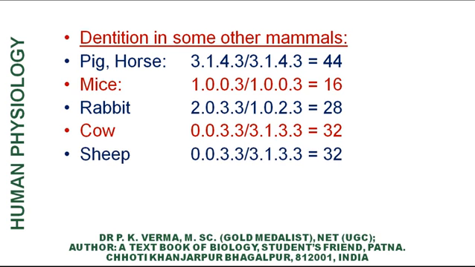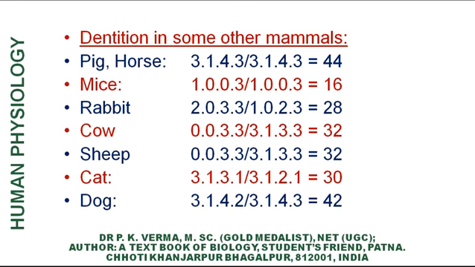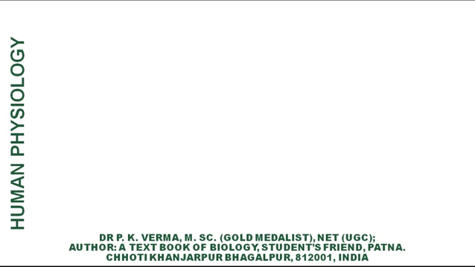Sheep has a similar formula of the teeth. Cat has 3131 by 3121, total 30 teeth. Dog has 3142 by 3143, total 42 teeth.